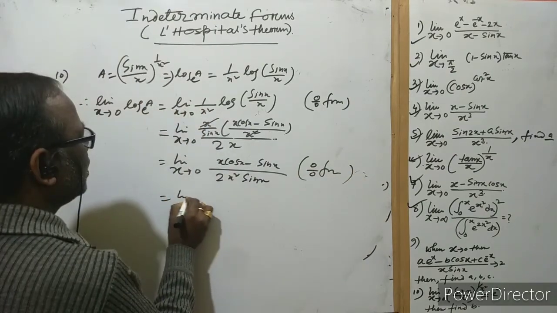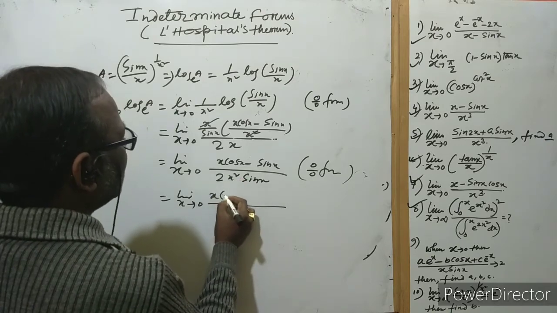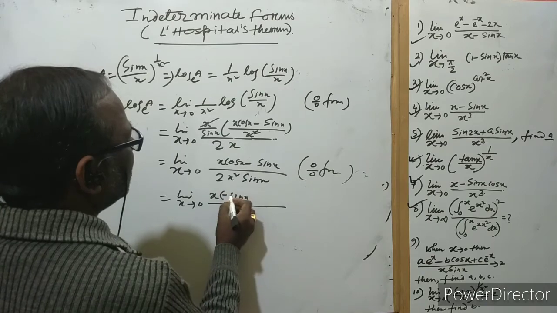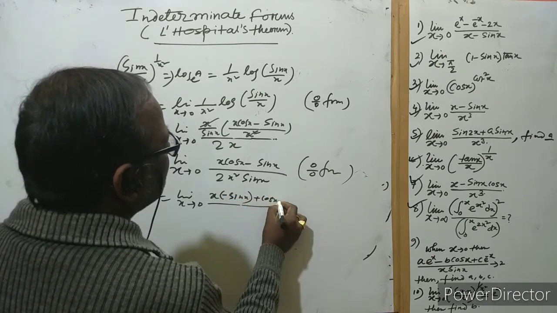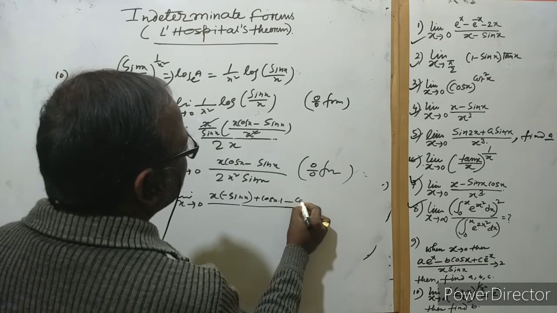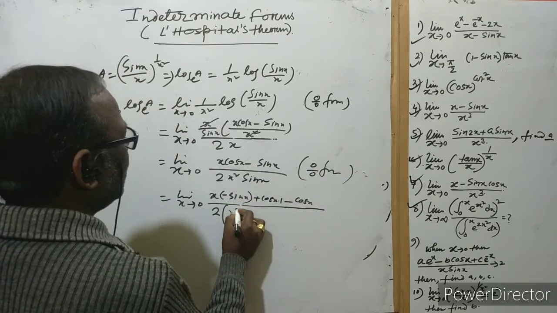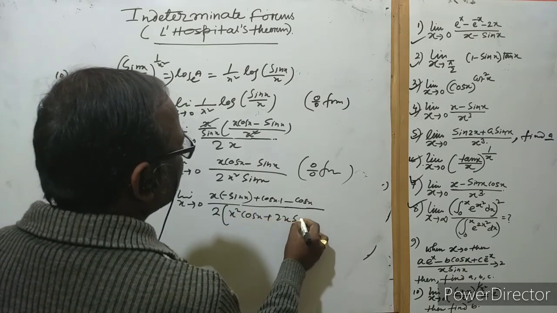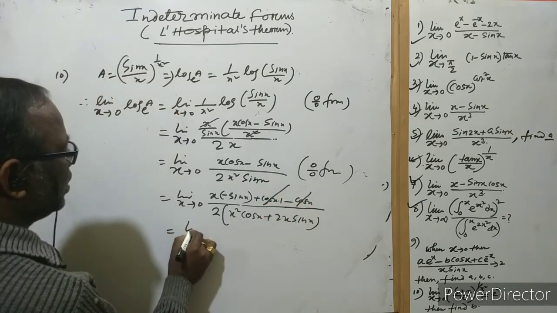So apply the L'Hospital rule, that is x minus sin x and plus cos x, and x is 1 minus cos x. This is here 2 x square cos x twice x sin x. Okay, this sin cos x are cancelled.